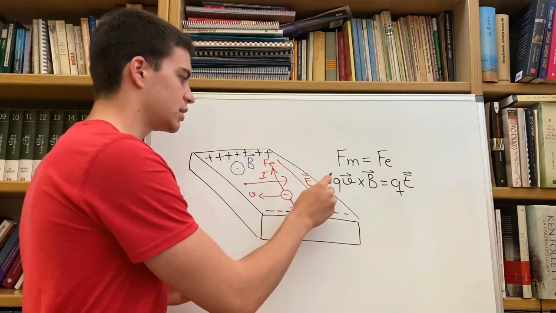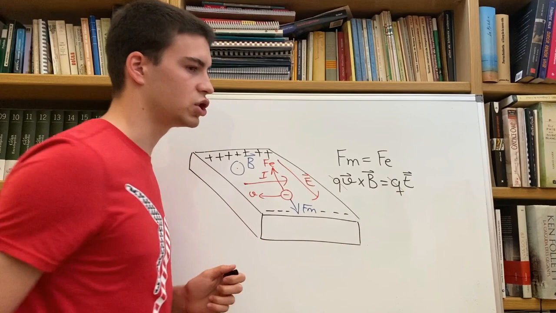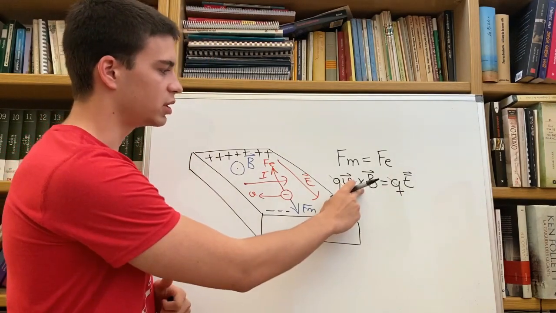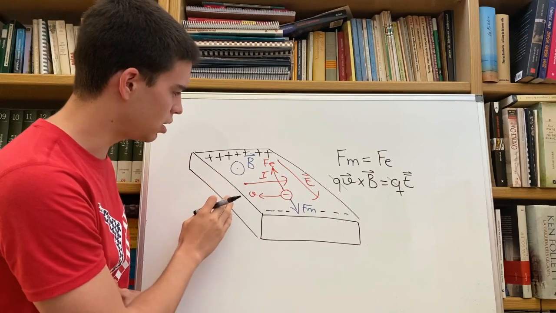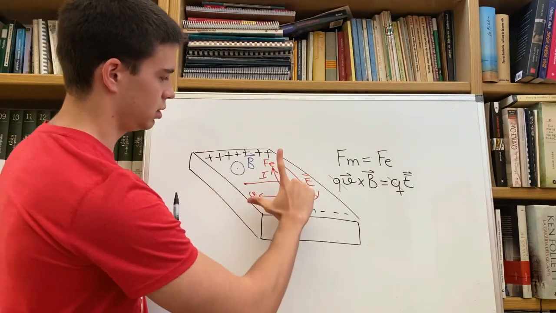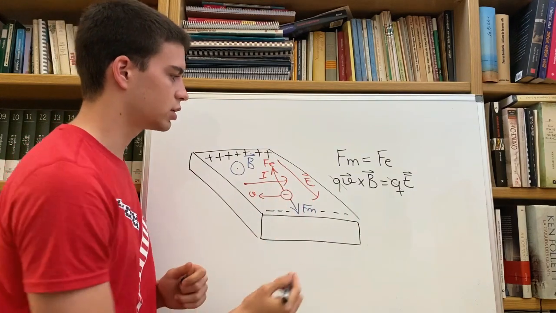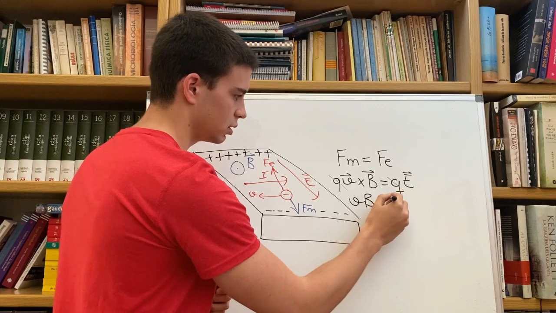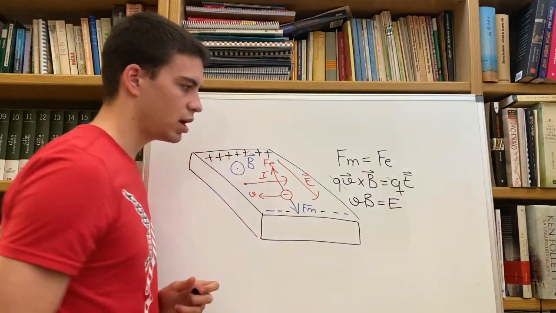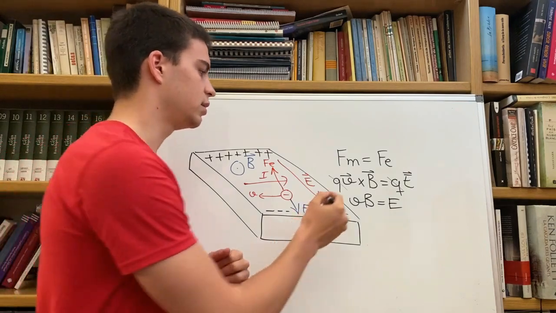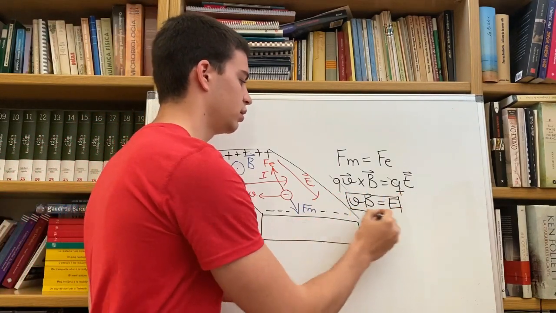And we see that it does not depend on the charge. We also see that the velocity and the magnetic field are perpendicular, so we can just write them down like that. And here we see that indeed the electric field is constant.